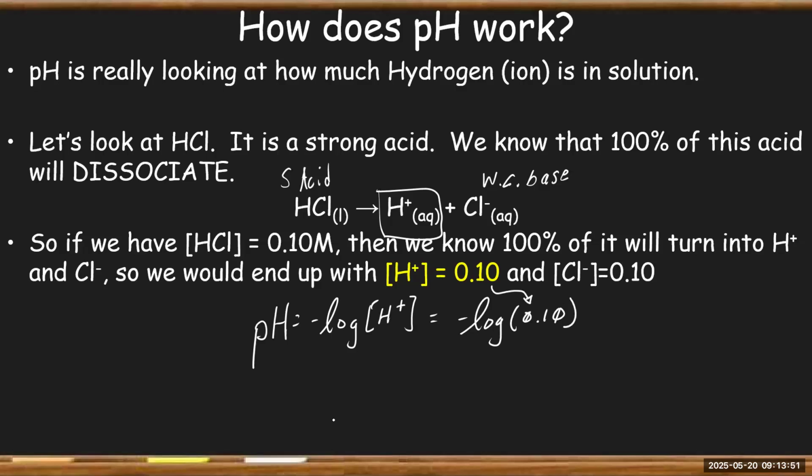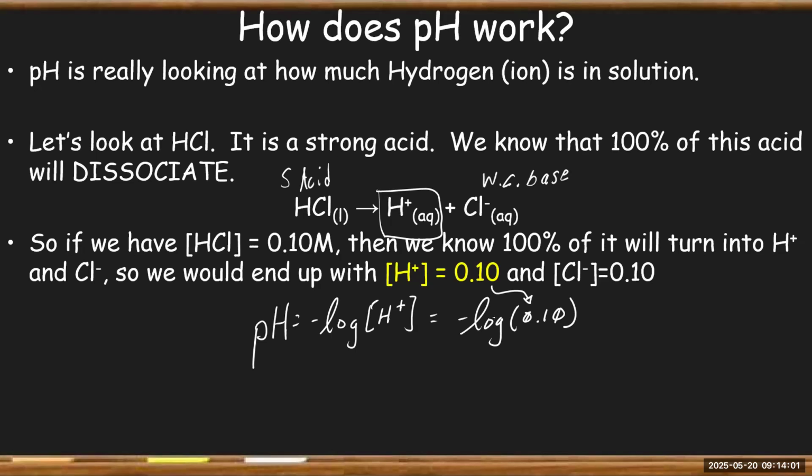Now, I don't like the next slide, so I'm going to just continue here. The next slide is the calculator version. This slide is me explaining the math version. It's essentially negative log, right? How do you write 0.1? 0.1 is the same as 1 times 10 to the minus 1.